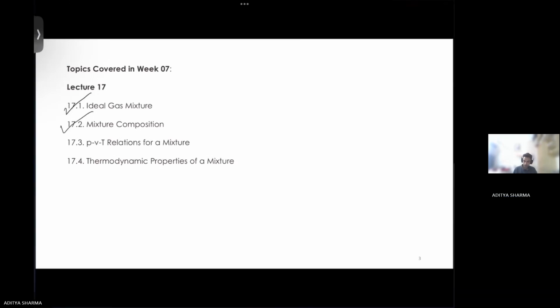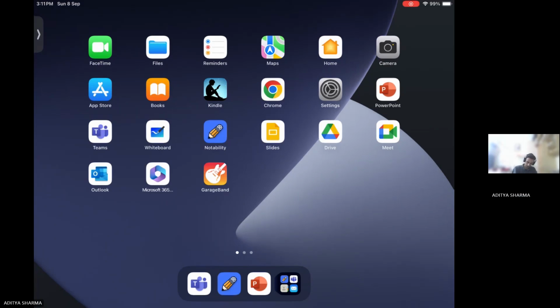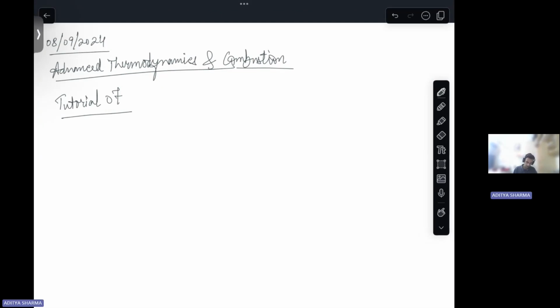So in mixture composition, if we have to get the total mass, that is very straightforward.